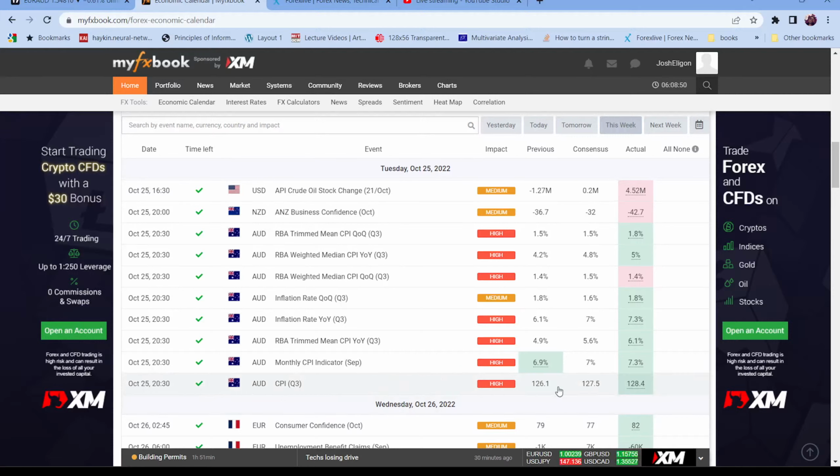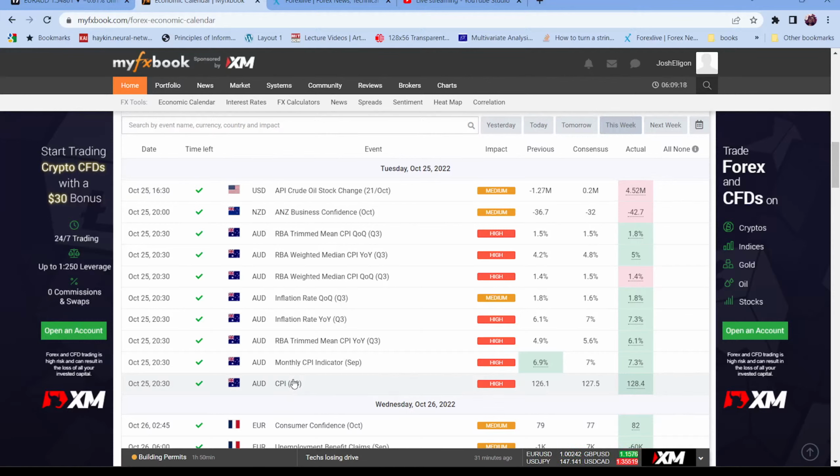We have CPI for the third quarter. As you can see, the consensus was 127.5, and we actually got a better than expected result. The reason why it's good for the currency when CPI comes out higher than expected is that CPI is used as a tool to really understand inflation, right?